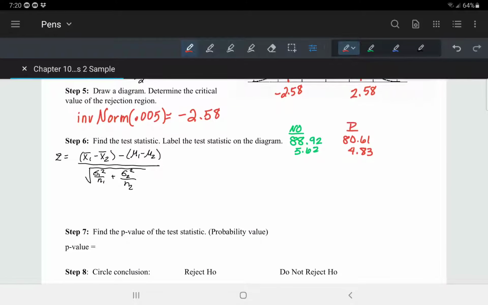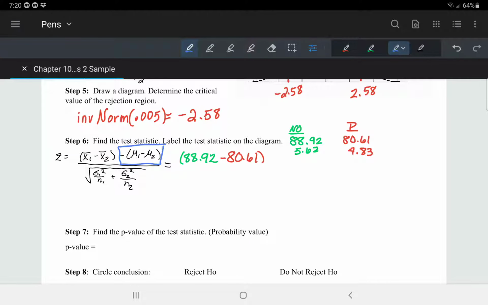All right, now let's find our test statistic. To do that, Z must be equal to, and I've written a few things down for us to reference here. Let's let New Orleans be the first one. Their average rate was 88.92, and in Phoenix, the average rate was 80.61. From there, we're going to have to subtract off what we expected, mu1 minus mu2.